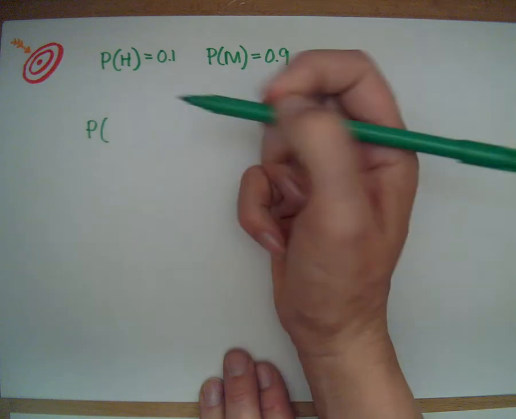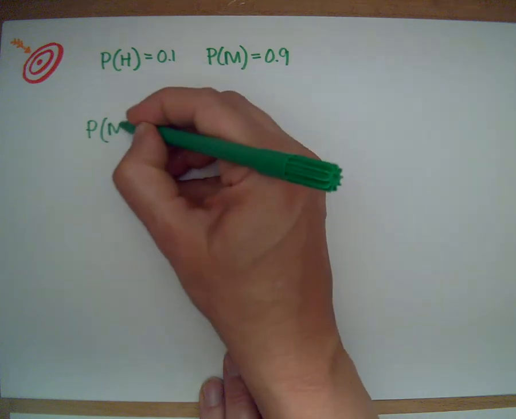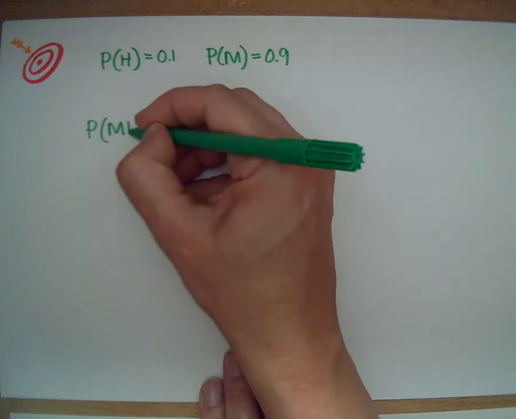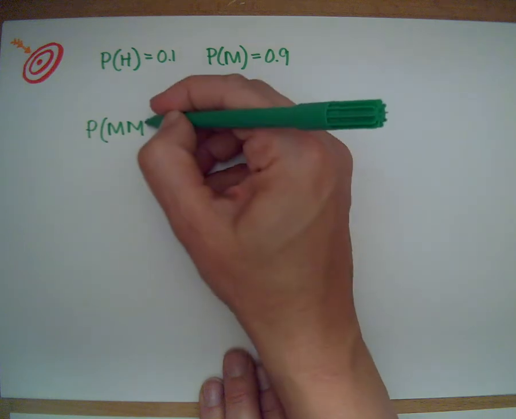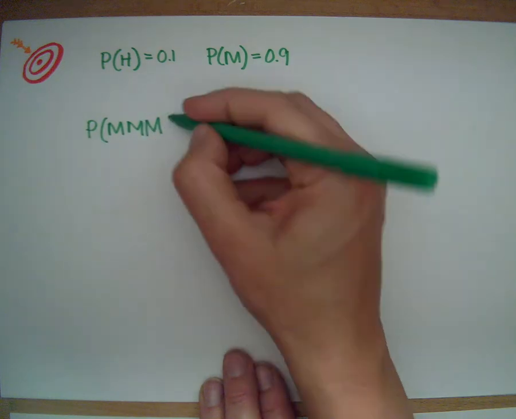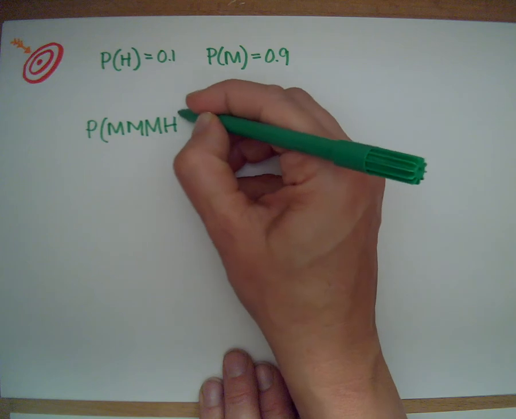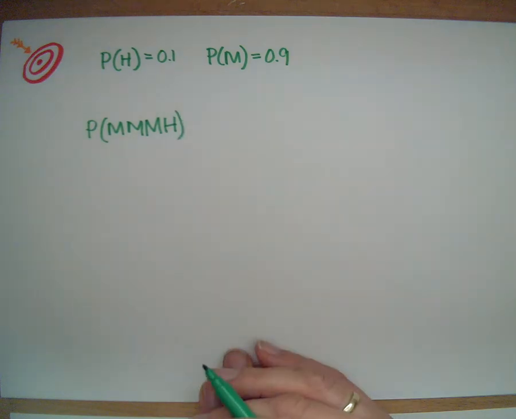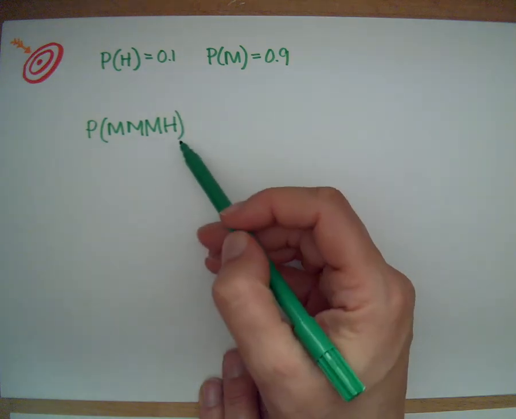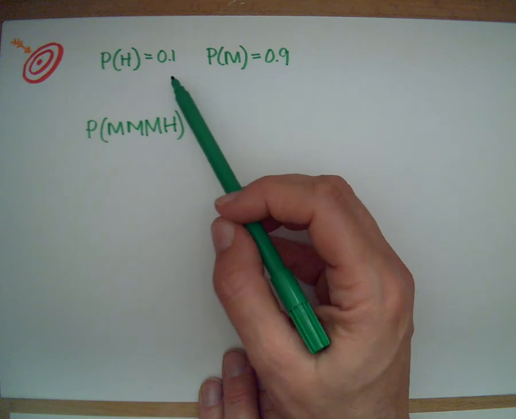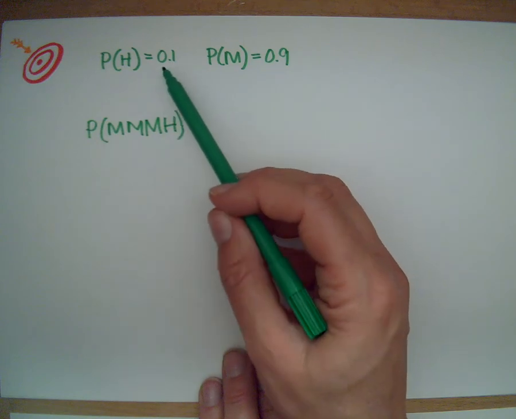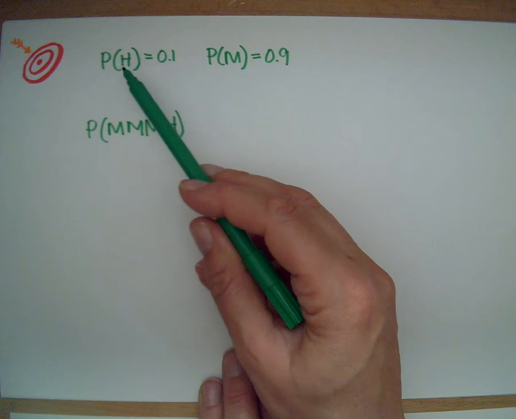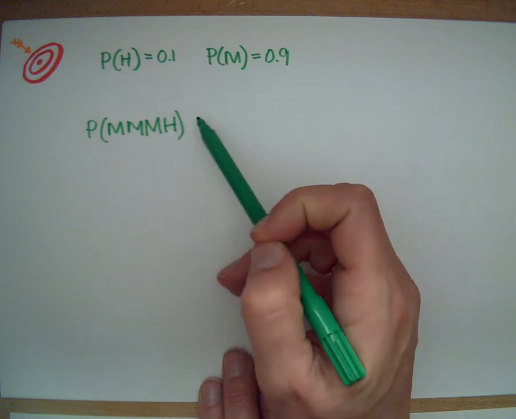We're finding the probability of first missing, then second attempt missing again, third attempt also missing, and then the 4th attempt getting a hit, right? That's what we're finding the probability for, because we're asking ourselves, what are the chances that I get my first bullseye on my 4th attempt?